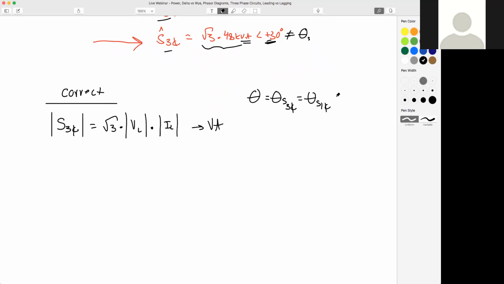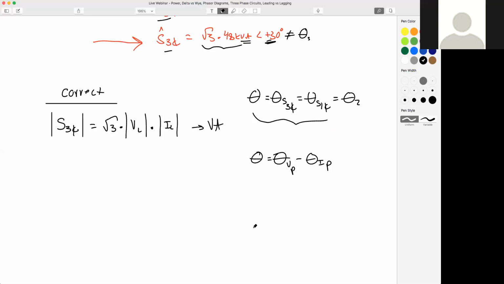And really, that actually ends up equaling our impedance angle. So how do we find this? Well, theta is really the difference between our phase voltage angle and our phase current angle.